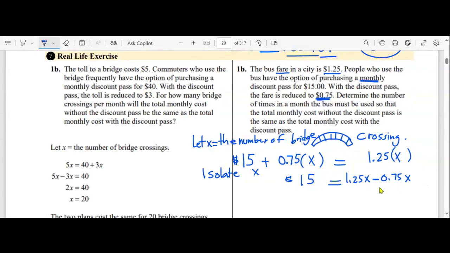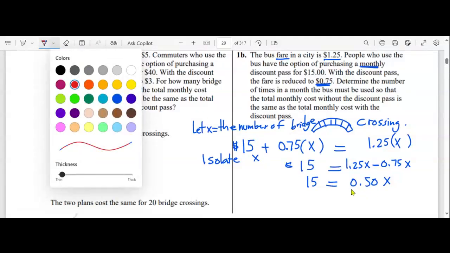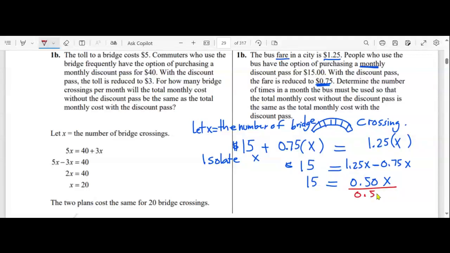15. Can you use the calculator and tell me how much? 0.5. 0.5 X equals 15. Correct? Yes. Now I'm going to have to get rid of the 0.5. What should I do? Divide one side or both sides?